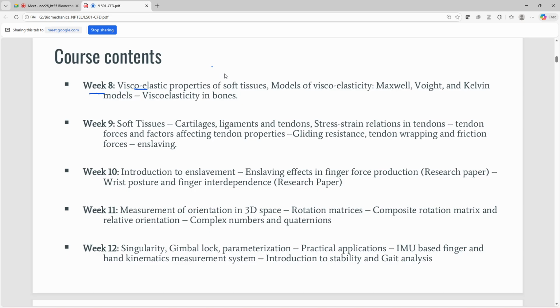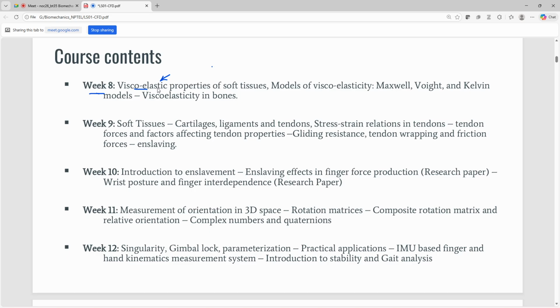But once the force is removed, it will regain its original structure. Such materials are called elastic materials. If that force permanently deforms the material, then it is called plastic material. And again, there are different levels of plasticity and elasticity.